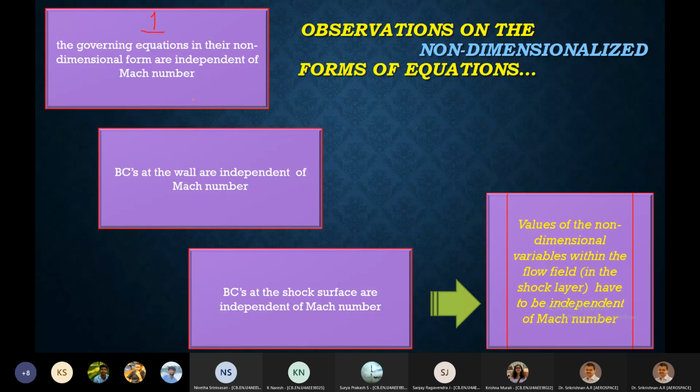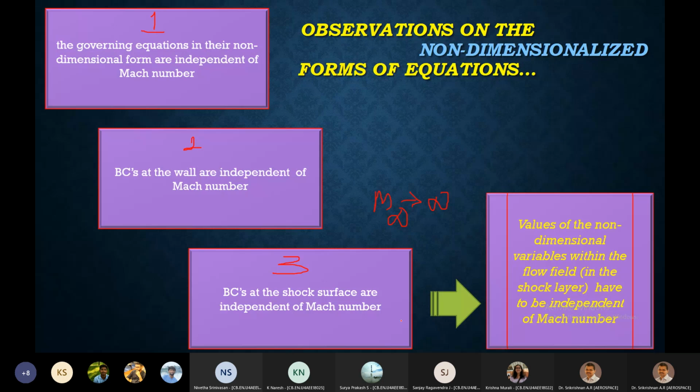Second is, the boundary conditions at the wall as well as near the shock are independent of Mach number when Mach number tends to infinity. That is for high hypersonic applications. So that is unique. That is, when the flow Mach number tends to infinity, the shock relations become independent of Mach number.